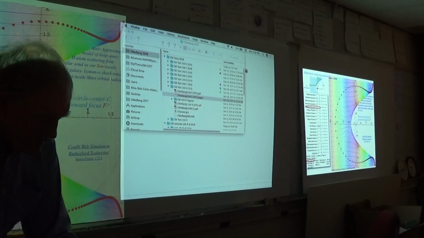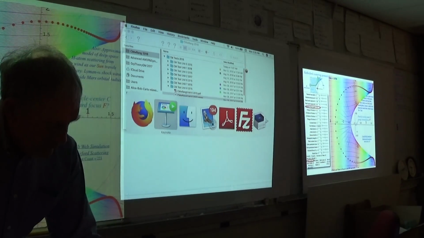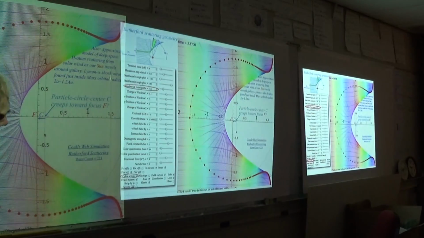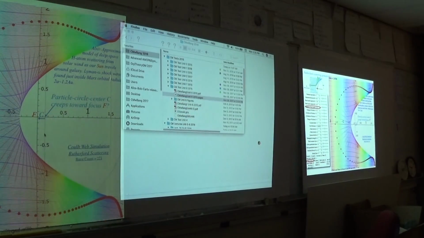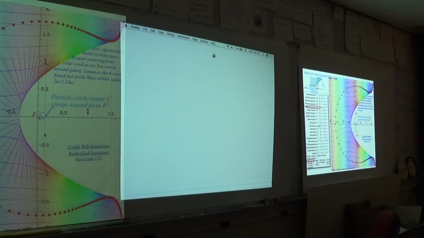Let me go back, see if I can pick this thing up. Kill Firefox and start afresh. I have no idea what state that's in. Oh boy, I didn't have any trouble with this when I tried it this morning. We double and triple checked, but not here with the wireless.